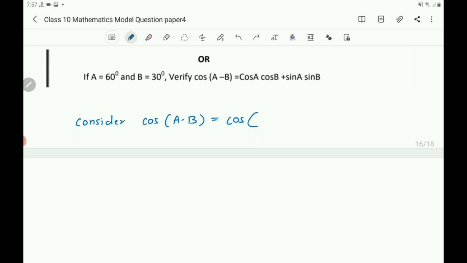So it becomes cos of 60 degree minus 30 degree, that equals cos 30 degree. What is the value of cos 30? Cos 30 is root 3 by 2.